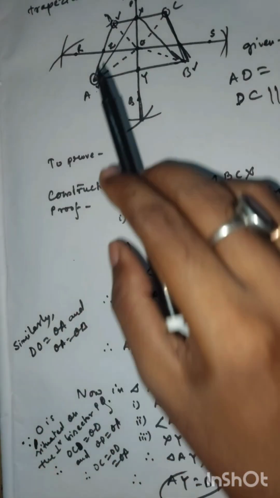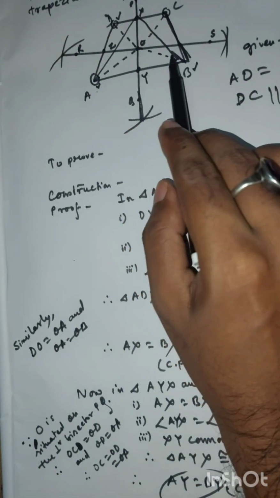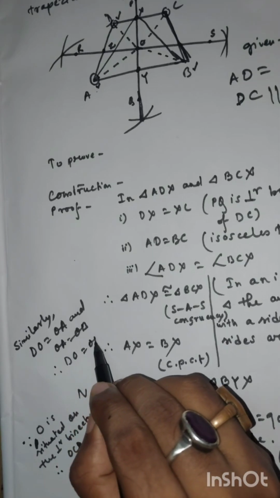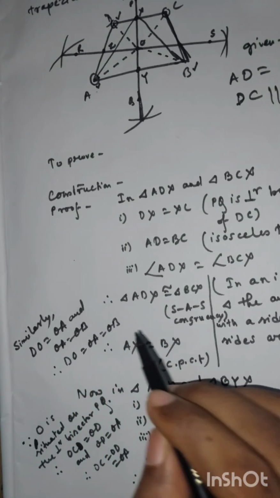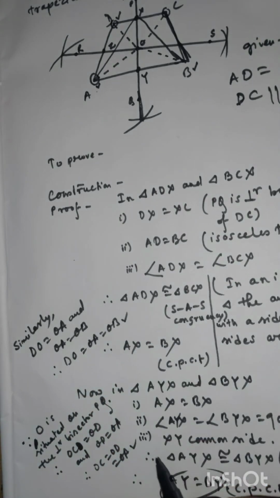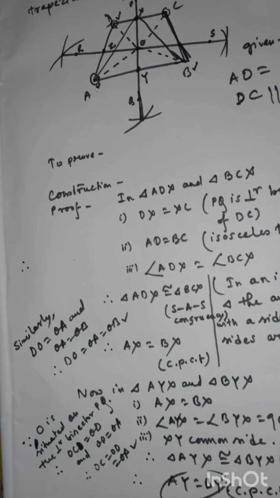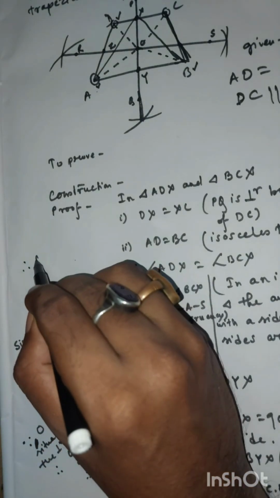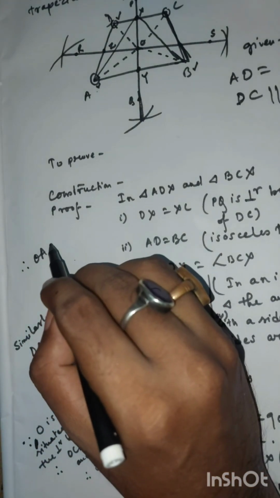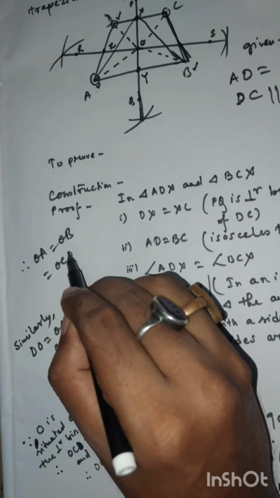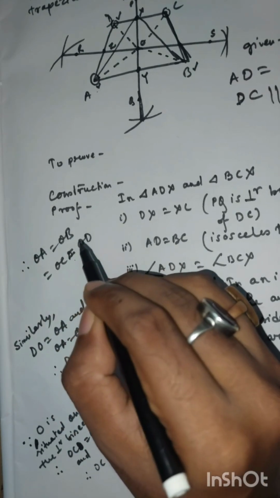Okay, DO equal to OA and OA equal to OB. Therefore, DO equal to OA equal to OB. So from these two pieces of information we can finally write OA equal to OB equal to OC equal to OD.